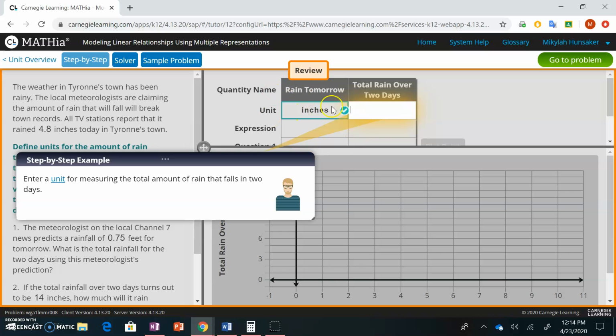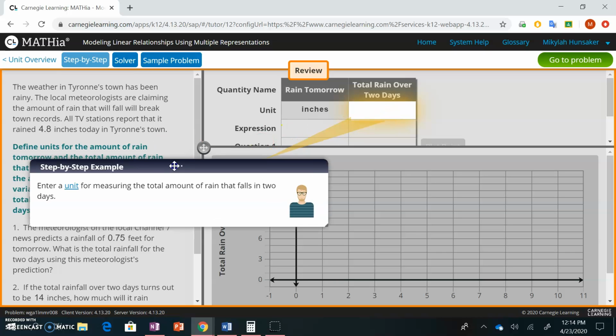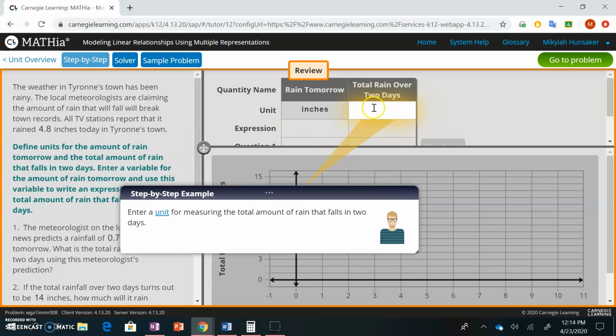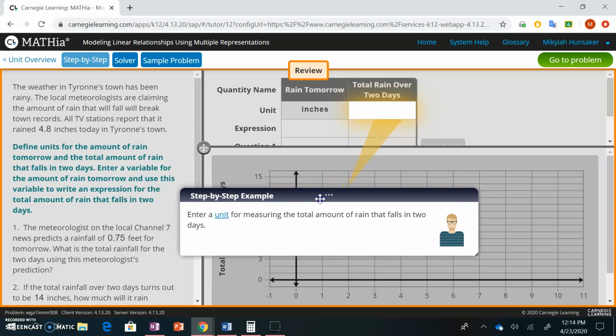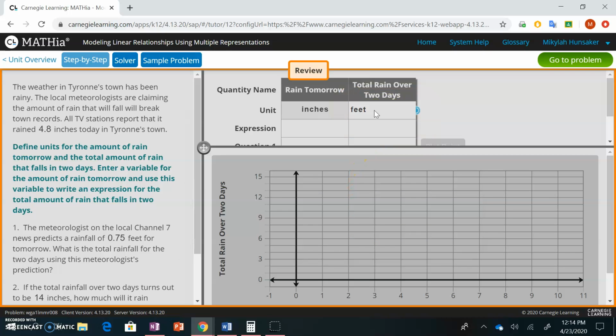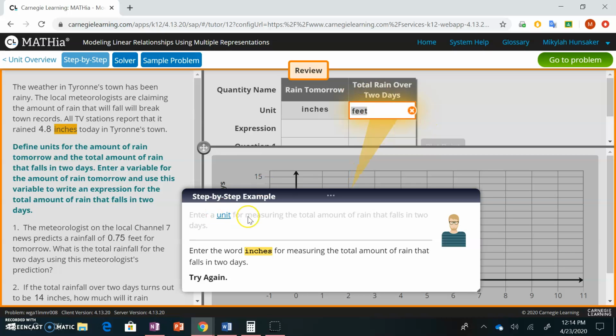Oh, I liked inches. Okay, so how much are we going to use to measure the rain over 2 days? We also have this other one down here that talks about 0.75 feet. So maybe that's going to be for 2 days. Let's try it. Oh, didn't like feet. So they want us to use inches again.